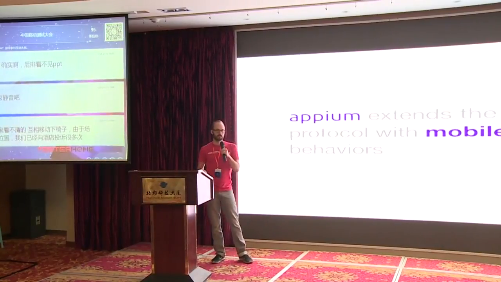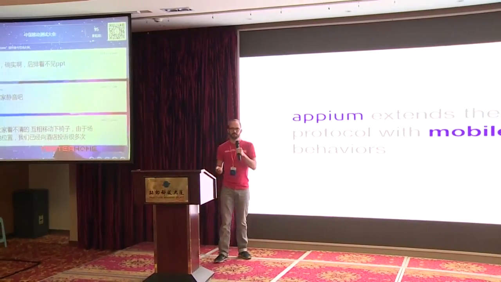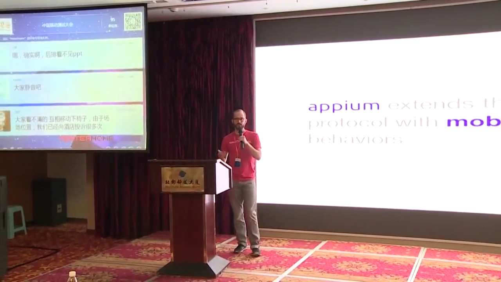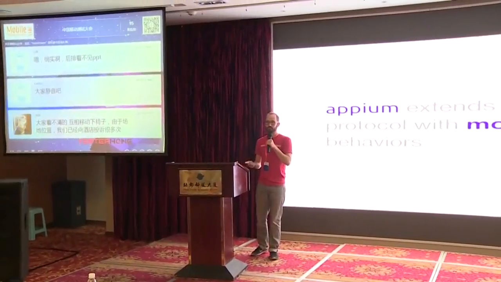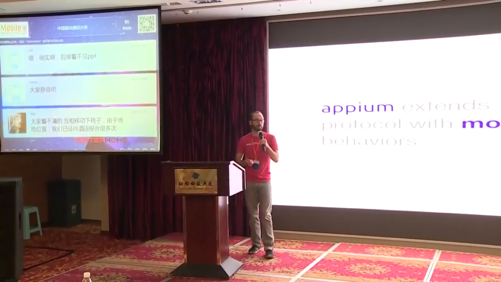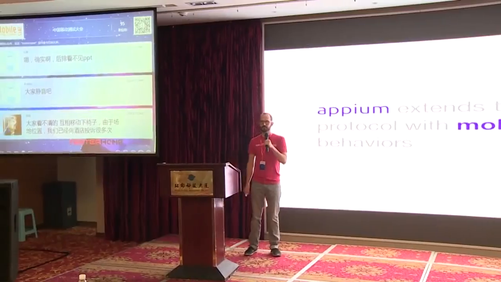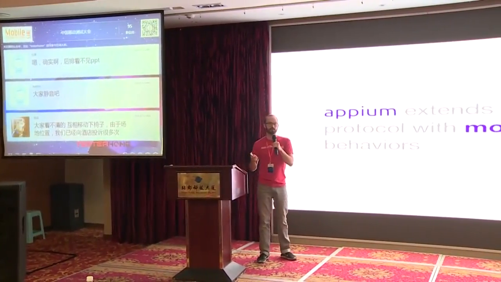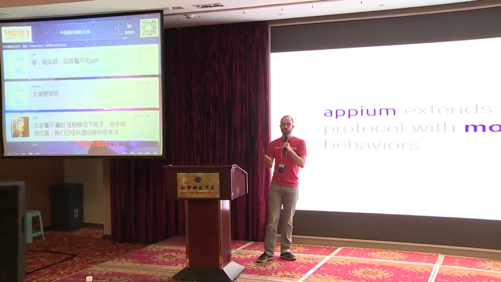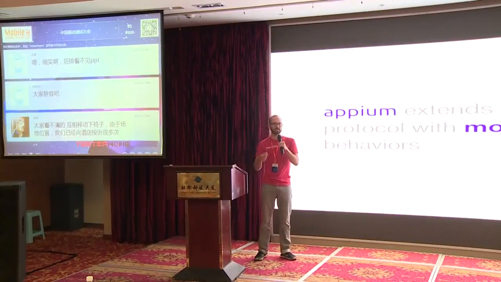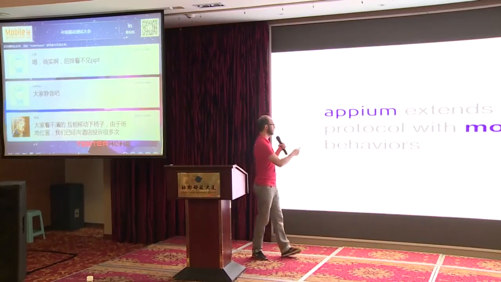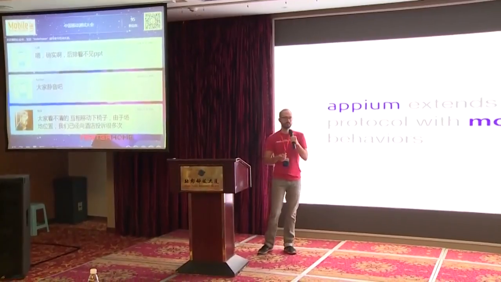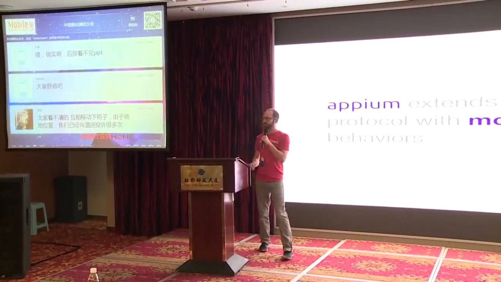And as you probably know, mobile applications are constructed differently and have different features than web applications. For example, location is very important for mobile applications. Interacting with your device using multi-touch gestures is also important. So we needed to extend the protocol with some new behaviors that are specifically for mobile applications.